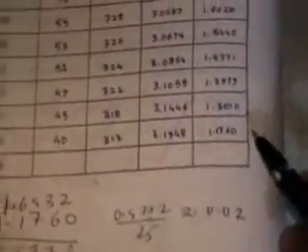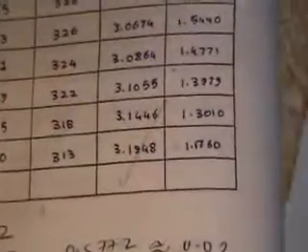Start with the least reading, which is 1.176. So start your graph at 1.16, and in steps of 0.02 you can increase. So we have 1.16, 1.18, 1.20, 1.22, 1.24, etc. And you can see the last reading will be 1.66.